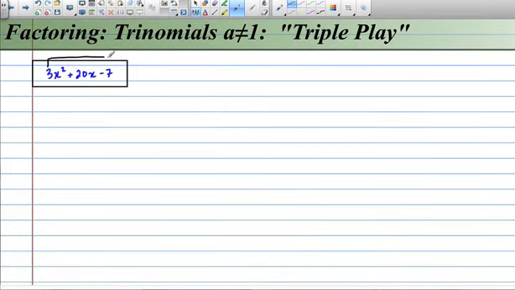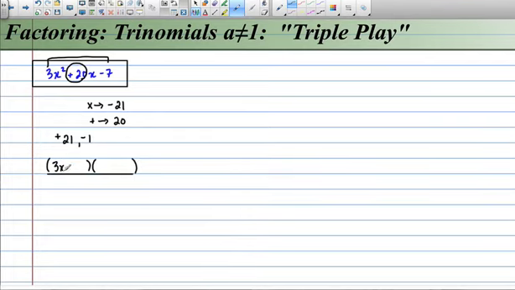Two numbers that multiply to give -21 and combine to give a 20. I'm thinking 21 and 1, where the 21 is the positive and the 1 is the negative. Set up some brackets.